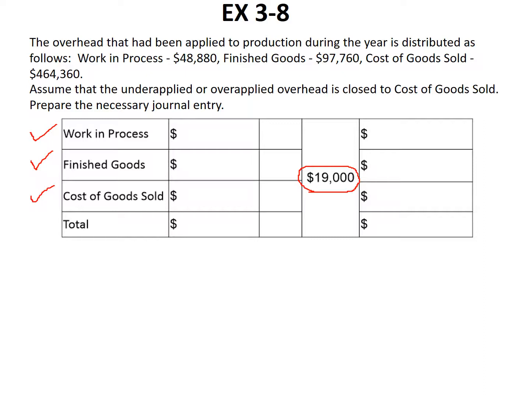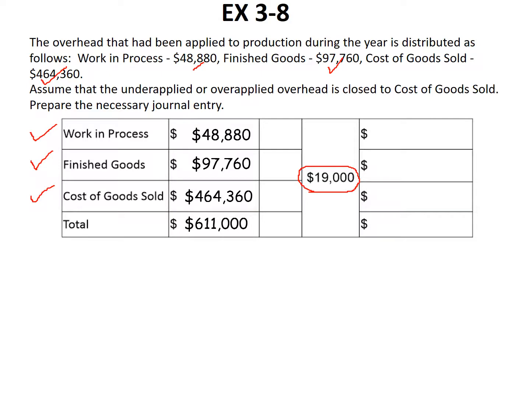And here we're given, as part of the problem from the first slide, the overhead that had been applied to the production during the year is distributed as follows: work in process $48,880, finished goods $97,760, and cost of goods sold $464,360. So now we're going to apportion that, and the way we do that is we start applying the numbers right from the top.